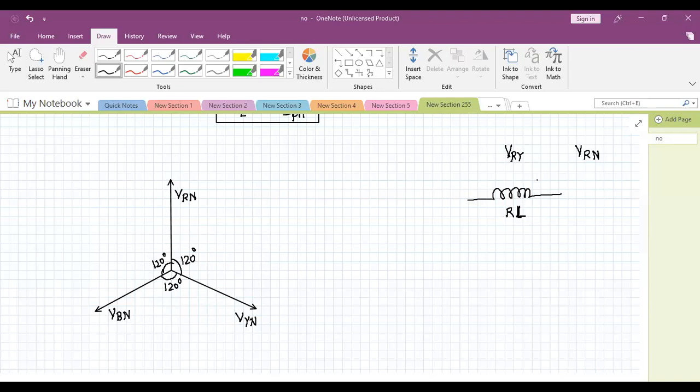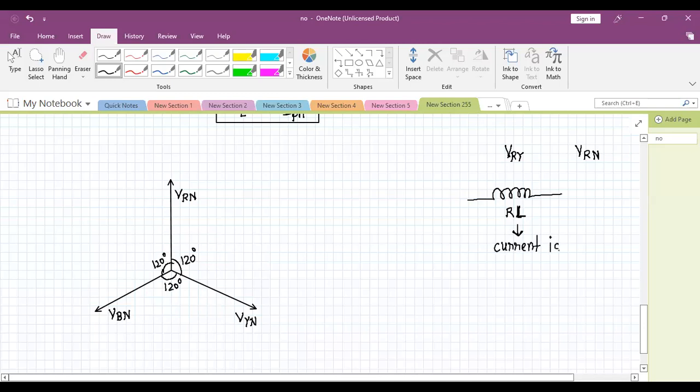Yes, voltage leads, that is correct. The voltage is led by the current. In an RL circuit, the current is lagging. Refer to the RL and RC circuits. In an RL circuit, the current is lagging. Yes or no?